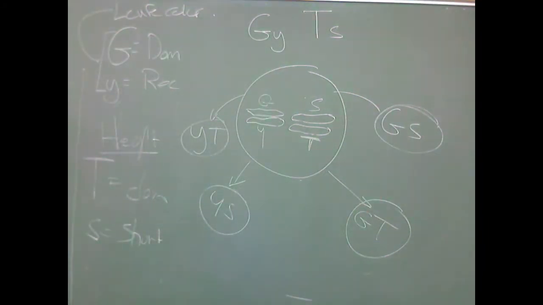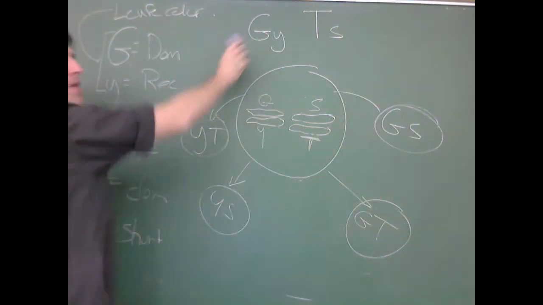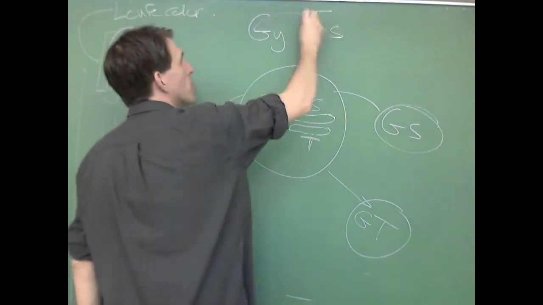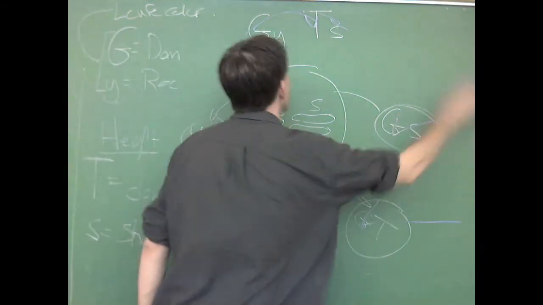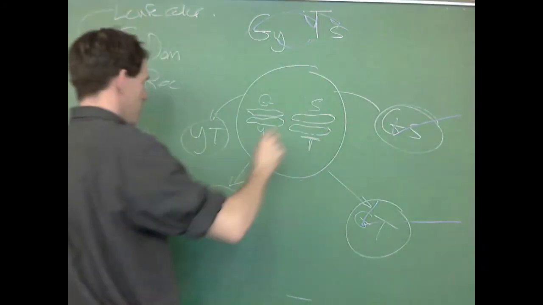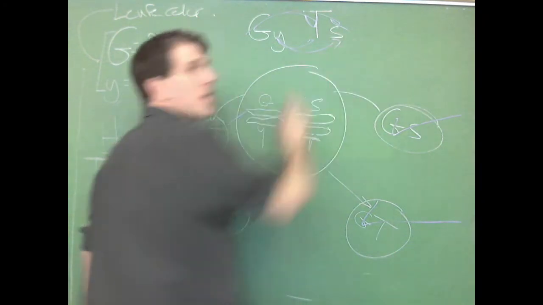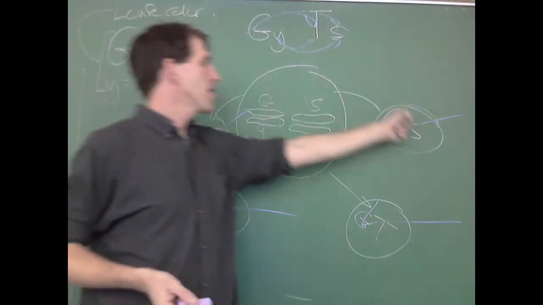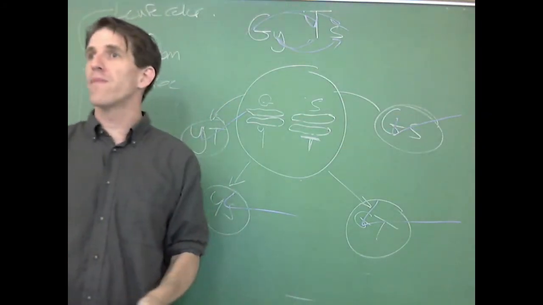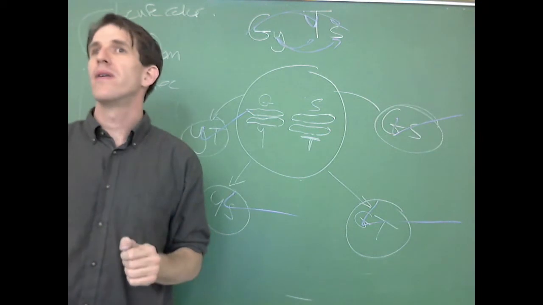Now, let's go back and do that FOIL with this one up here and see if we can see that. Green and tall. Do we have green and tall here? Yep. Green and short. Yep. Yellow and tall. Yep. Yellow and short. Yep. So if you want to determine the possible gametes that can form, do FOIL.